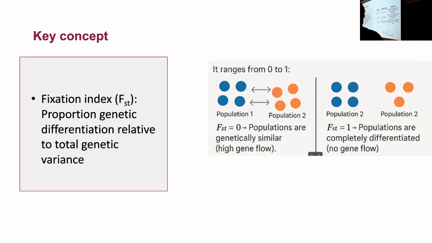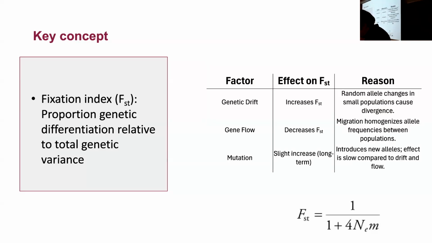Okay, so in population genetics theory, you have a balance of evolutionary forces. I will just summarize this, but the main idea is that some of these push the fixation index up, like genetic drift, because if you have a small population, that increases the change in the random alleles that are there.